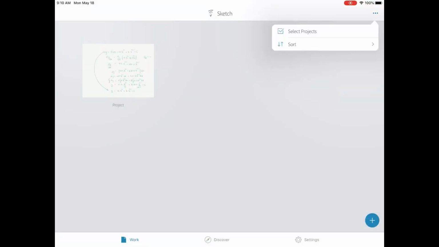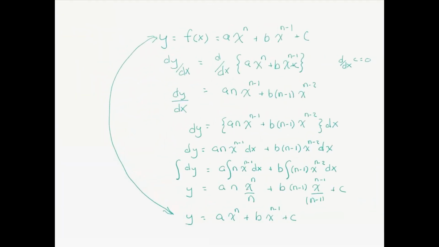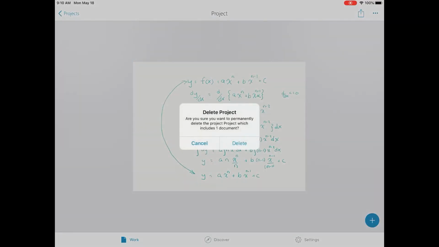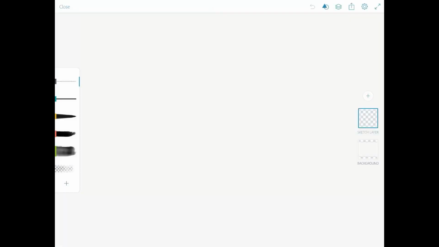So if we have a function that starts out like this, dy dx equals x to the n, or let's say a x to the n. Then we go dy equals a x to the n dx.